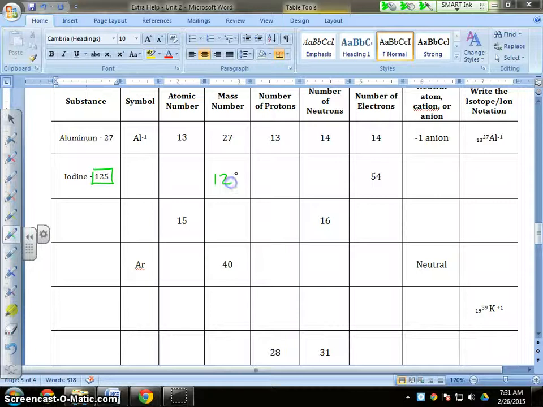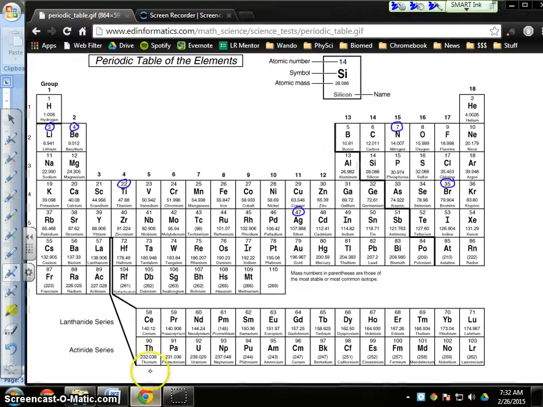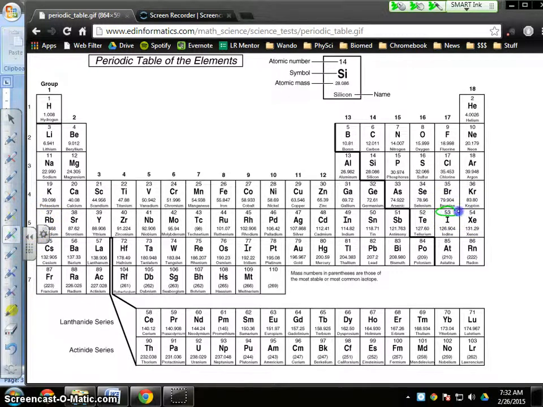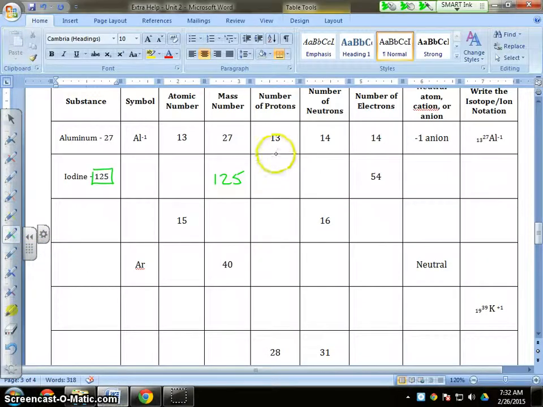So I've got 125 things in the nucleus. If I look at my periodic table, iodine is going to be 53. So I know that 53 is going to be my atomic number and my number of protons.